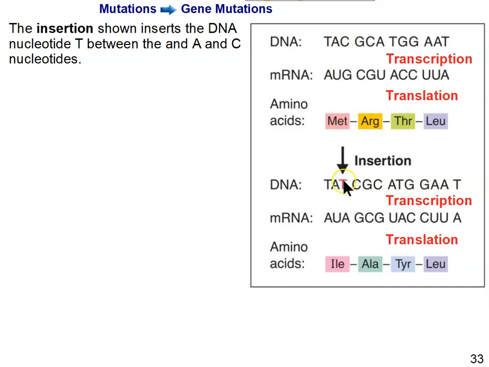Notice that we're squeezing a T in between the A and the C, and that's causing the C to shift downstream. And it not only shifts that C, it shifts everything after the C. And where that's a problem is when it's transcribed into RNA, because now the RNA codons are going to be read differently.